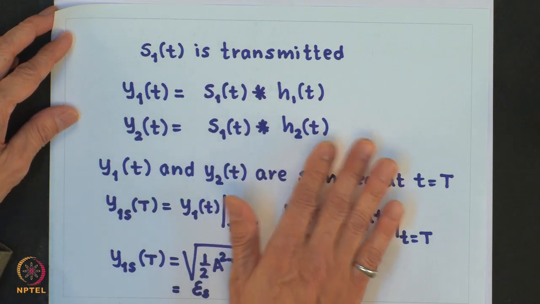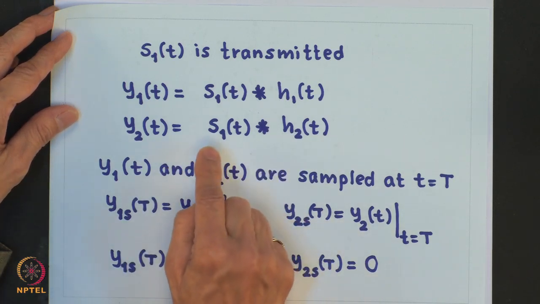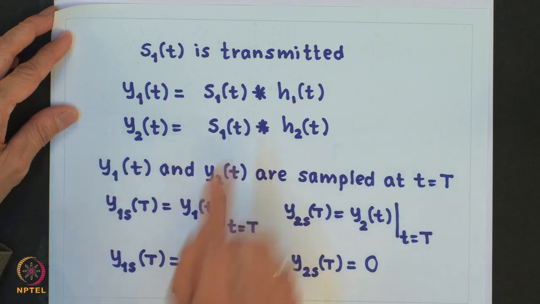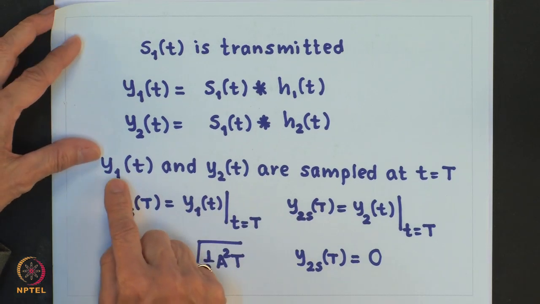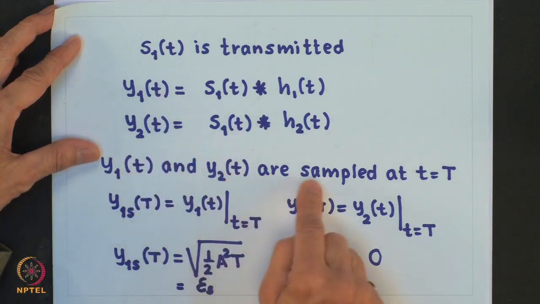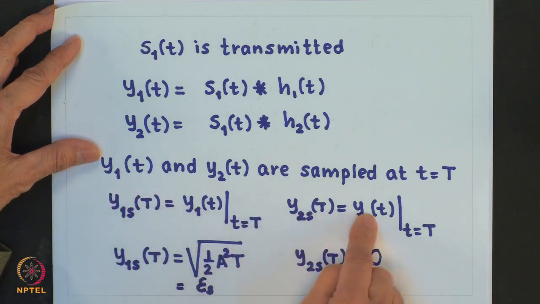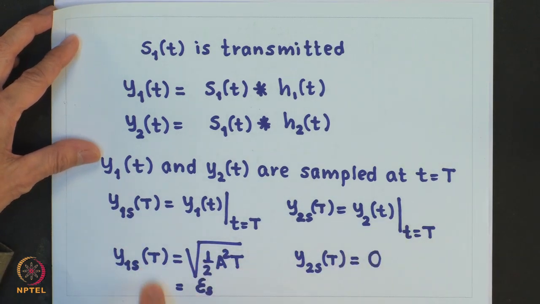We will look at the noise component later on. We are just looking at what happens at the output with the signal components. Let me denote the outputs y1(t) and y2(t) and sample them at t equal to capital T. These are the values which I sample. Now, it is very simple to see that this is going to be the output at capital T and this is going to be the output from the other filter at capital T.